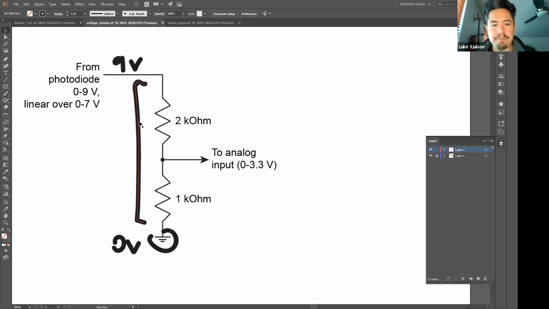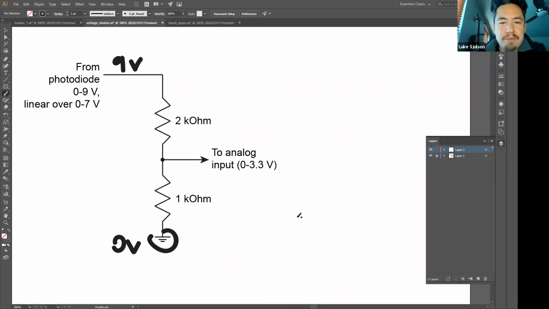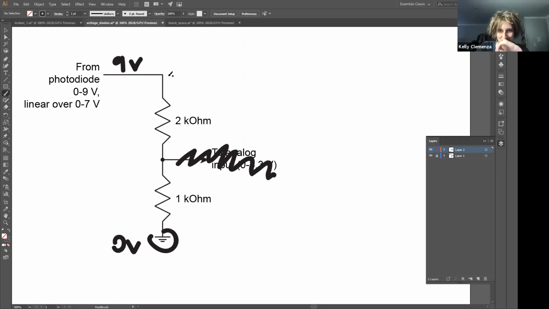Okay, so if you just pretend that's not there, right? Now you can see that there's 9 volts there, and then you have twice as much resistance here. So it's going to drop to 6 volts here, or I'm sorry, here it's going to be 3 volts.